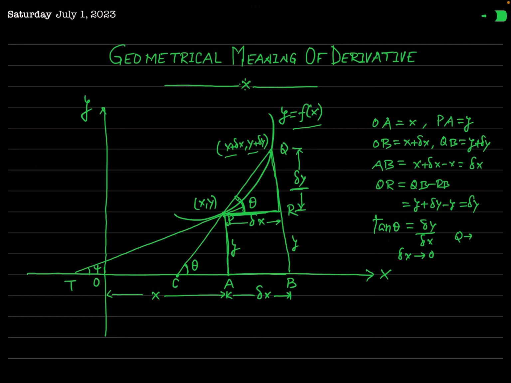It means when Q tends to point P, delta X will tend towards 0. And this chord, this QP line, is the chord of this arc, and this chord will then change into the tangent PT.